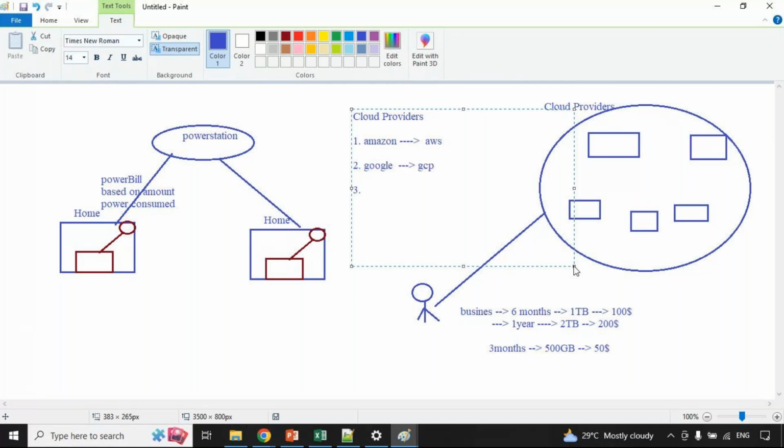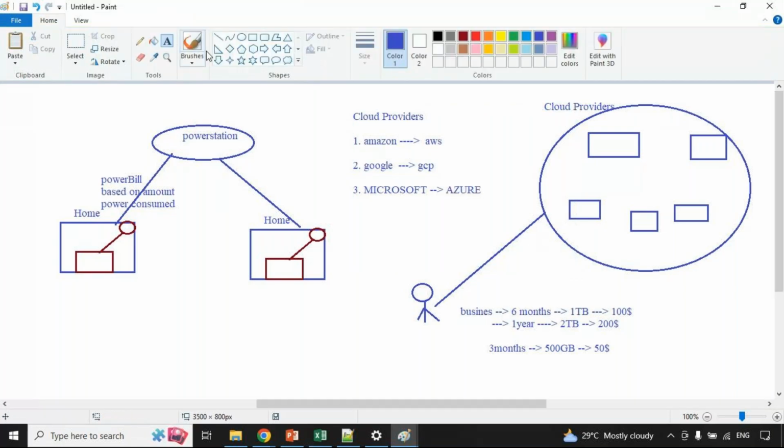Another one is Microsoft, which provides the platform Azure. As part of our learning, we are going to perform data engineering activities in Azure. Now, guys, let me save this one.